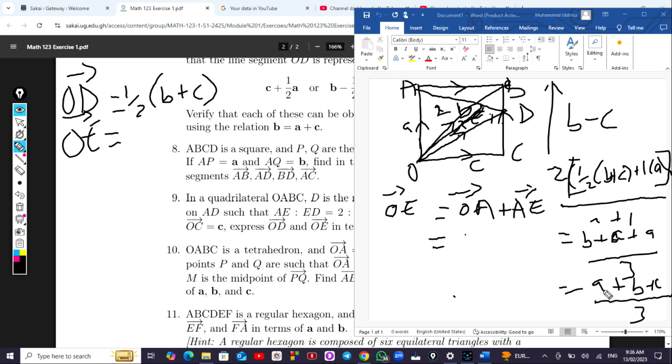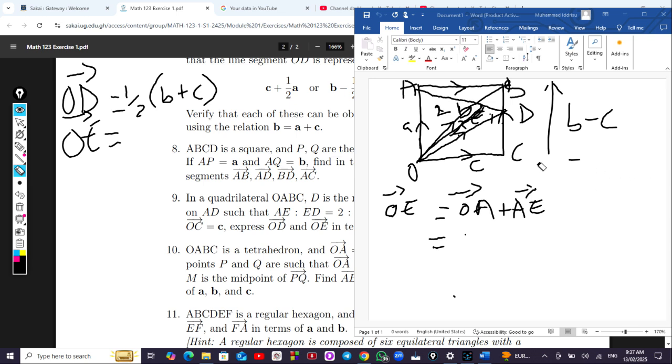So this is for OE. But I don't want to use this approach. I want us to just use the normal way we usually find it, using our triangular law of vectors. So you can equally do this and you are right. Okay, so let's come back to this equation.